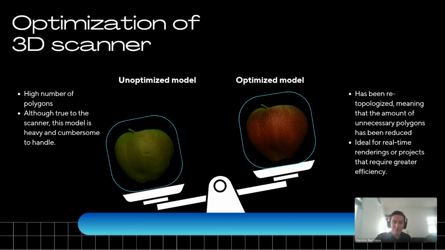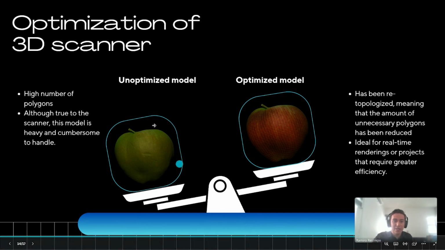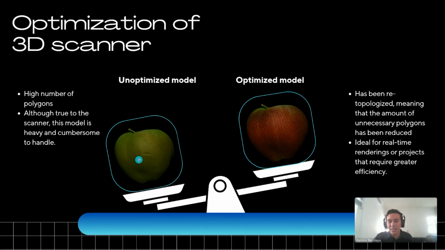If you see, this is all green because it has millions of tiny polygons, almost everywhere. And here, the vertices are in green and you can see that it is a very reduced model, okay? It maintains the fidelity of the scan, but it's very heavy and difficult to handle.